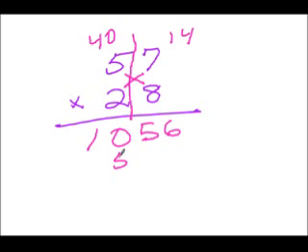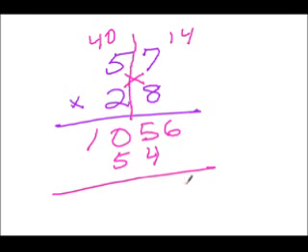I'm going to put my 54 right here. Notice that I left this place blank. I put my 54 right there. I add those up. 1,596. Now this is the same answer I had a minute ago because I've already solved this problem, but this is the same answer.